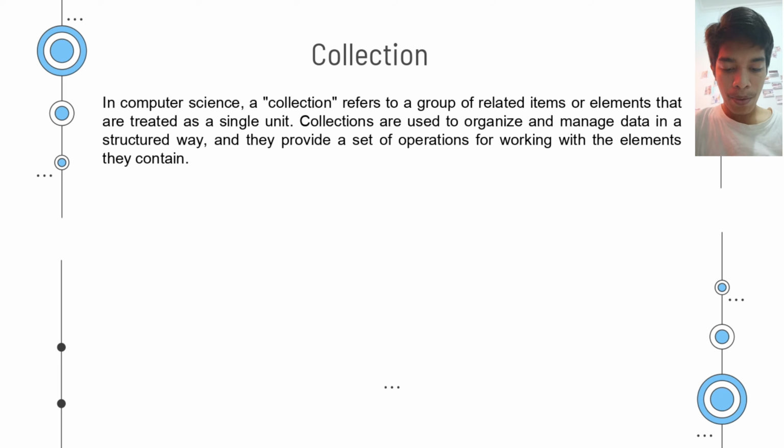Now, collections act as organizers. They manage the data in a structured way and they provide a set of operations for working on the elements they contain. So, collections are for instance a group of items or elements, like organizers.